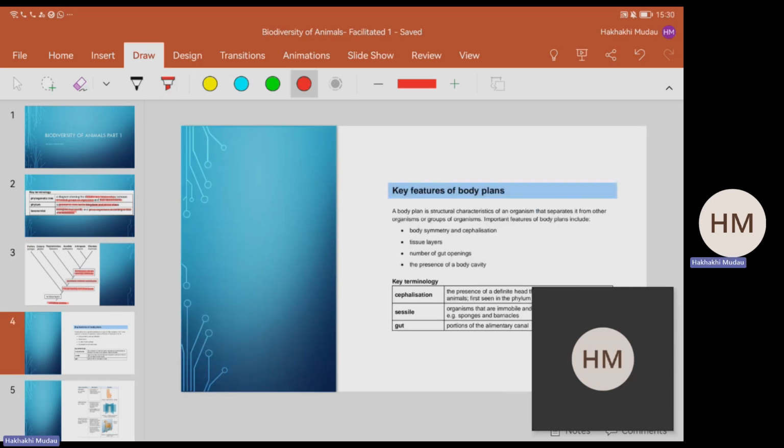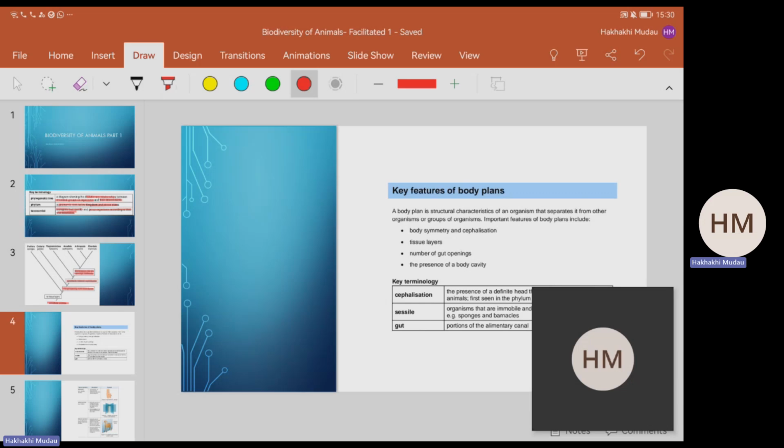So the key features of body plans. Key features, as I explained, are things that we use in order to group organisms into the respective group that they fall under. So for us to say that these organisms fall under the phylum Porifera, it means that we saw the key features and the body plans of those organisms.